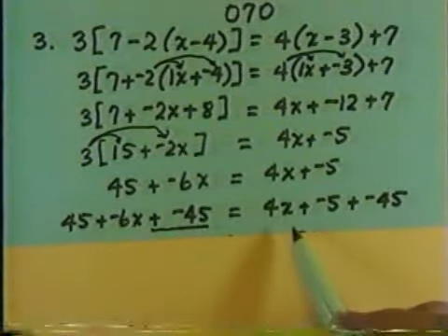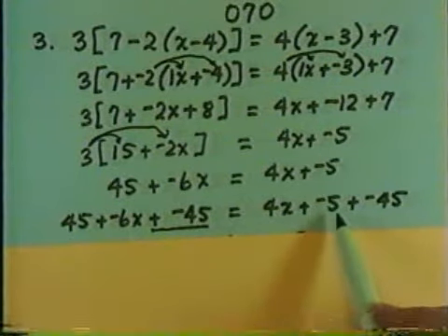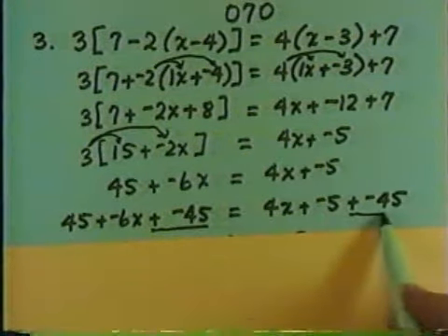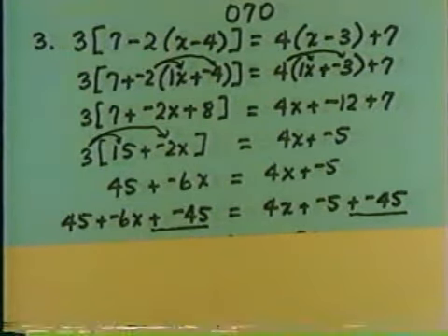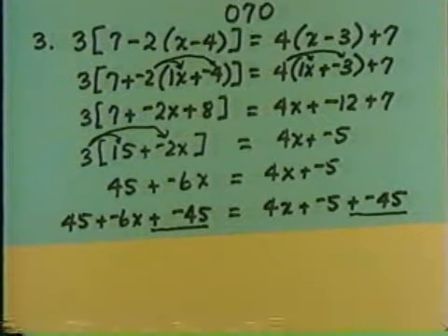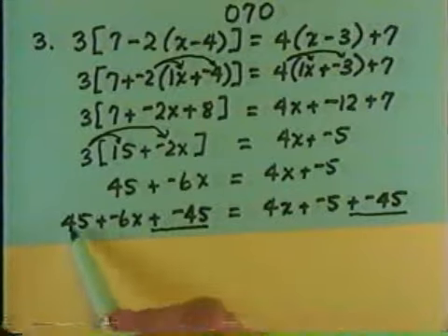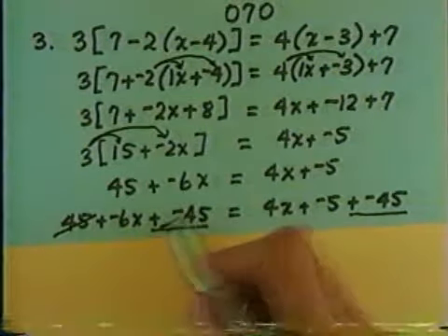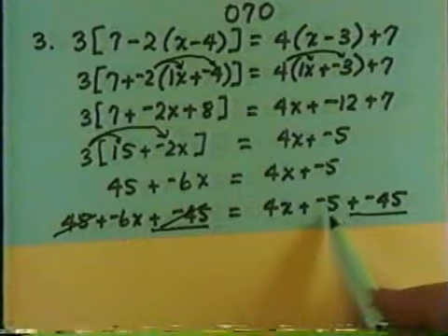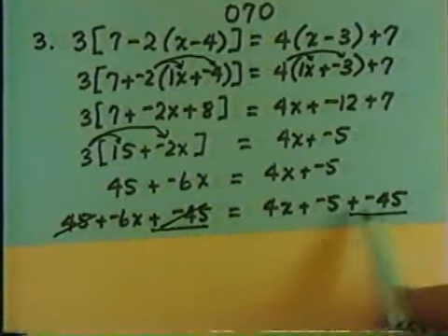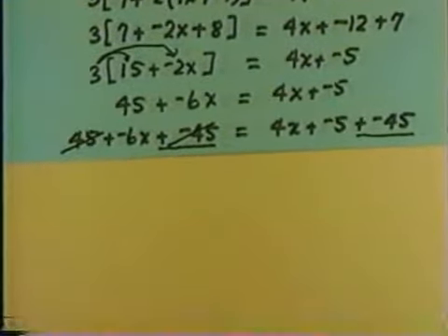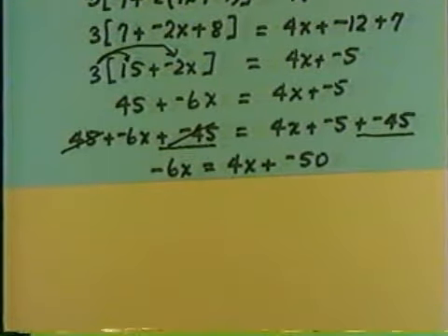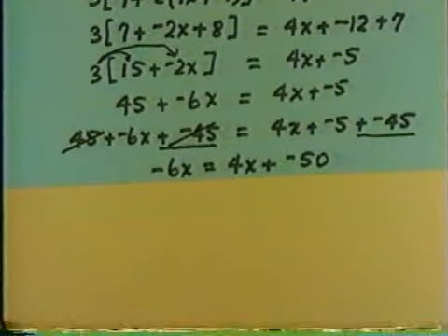On the right-hand side, we copy 4x, add negative 5, and then we add negative 45. So we've added negative 45 to both sides of this equation. On the left, 45 and negative 45 add out to 0. On the right, negative 5 and negative 45 add to give us negative 50. So we get negative 6x is equal to 4x plus negative 50.